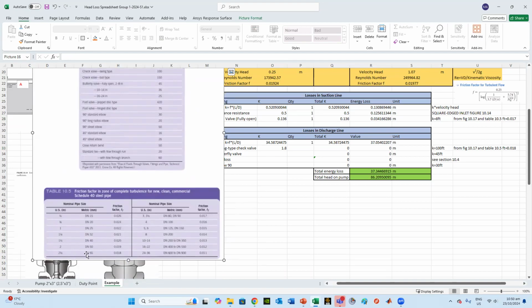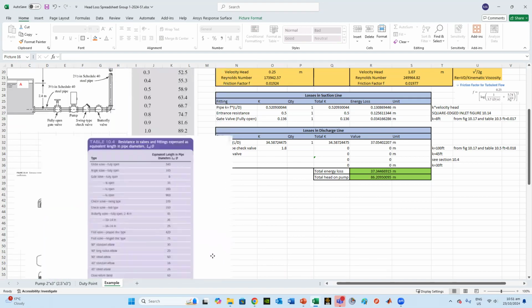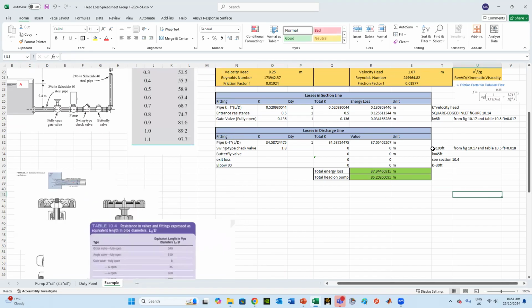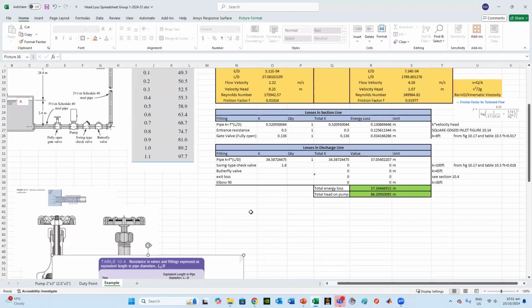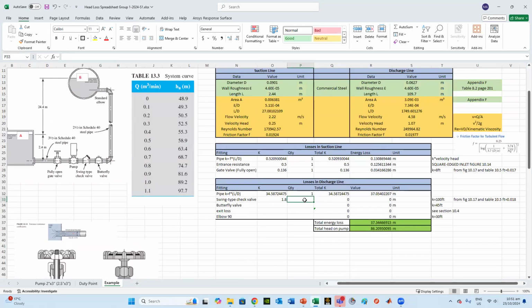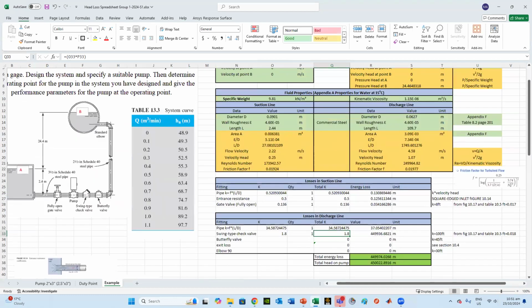The discharge line is usually a smaller diameter than the suction line. The suction line has the bigger diameter, 3.5, which is 0.017, and the other one is 0.018. That is what we got from chapter 10. All right, so the quantity is 1, and you get everything calculated in one go, that should be this value multiplied by the velocity head.